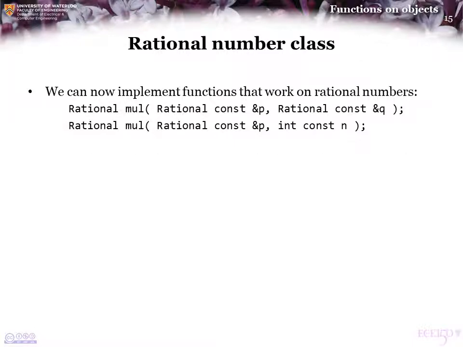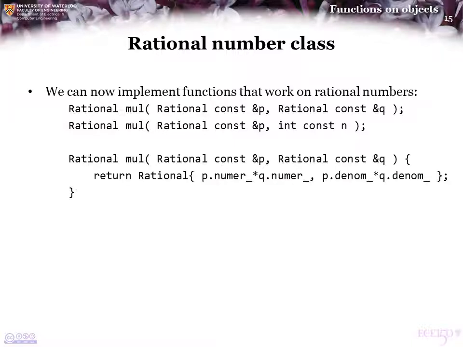We can also implement functions that multiply two rational numbers or a rational number and an integer. However, this is even easier than addition, as for the product of two rational numbers, it's simply the product of the numerators over the product of the denominators. Easy enough.